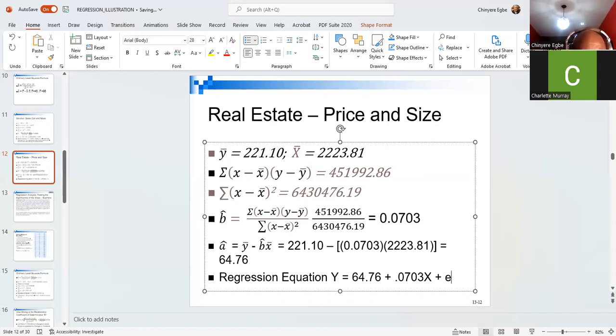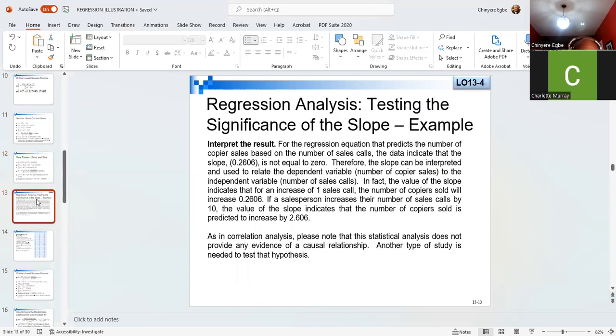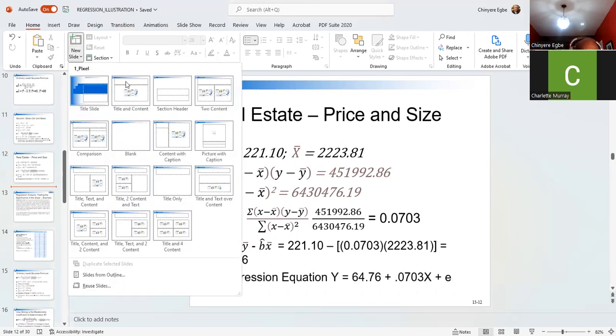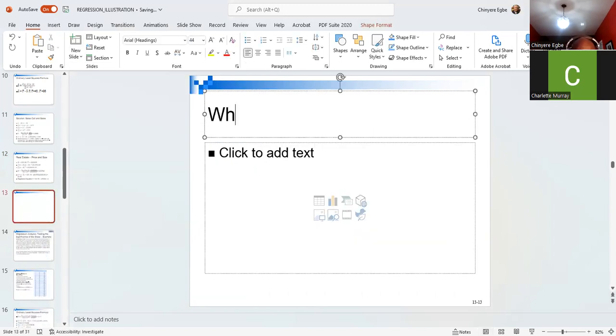There's an error. Now, what is the meaning of this regression equation? So let us try to give it meaning. Okay. And then we're going to stop there for the simple reason that we're going to now get into the meaning of the regression equation.